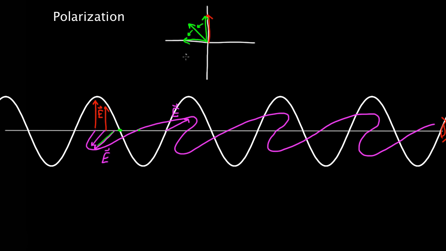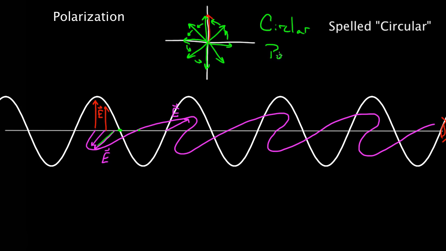If I'm sitting here looking with my eye, as my eye receives this light, I'm going to see this light rotate its polarization. The polarization swings around in this circular pattern, and because of this, we call this circular polarization. So this is another type of polarization where the actual angle of polarization rotates smoothly as this light ray enters your eye.